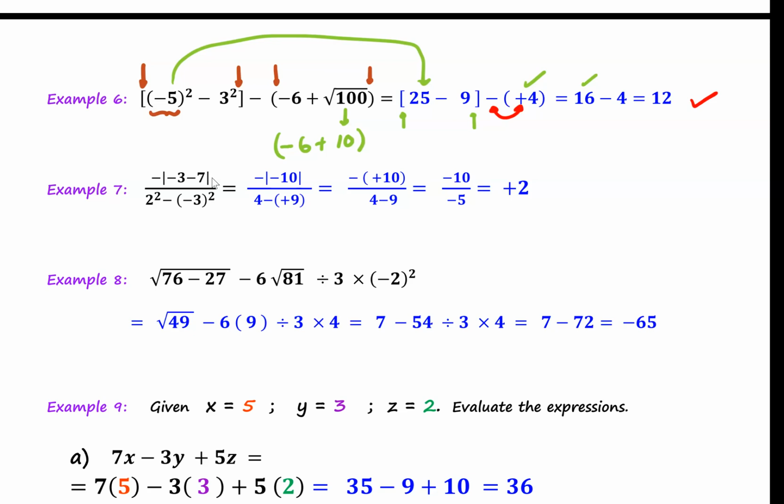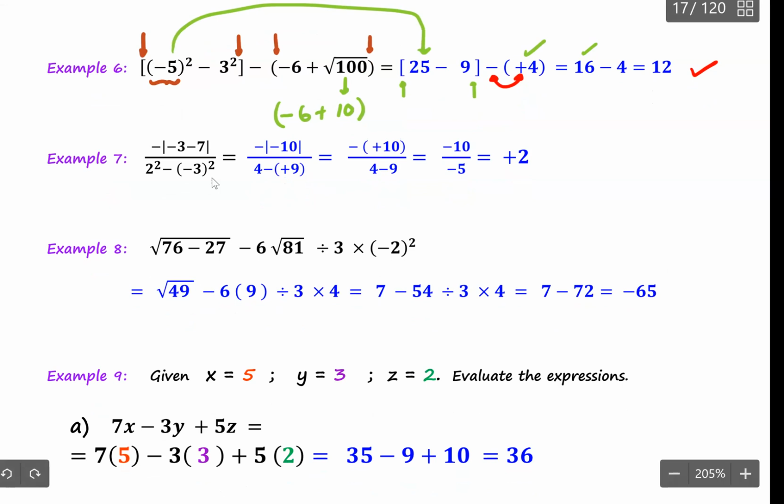Alright, so let's work with example number 7. Okay, example number 7 involving the absolute values. So before I continue with this, I would like everyone to pay attention to what I'm going to interpret this question for everyone.